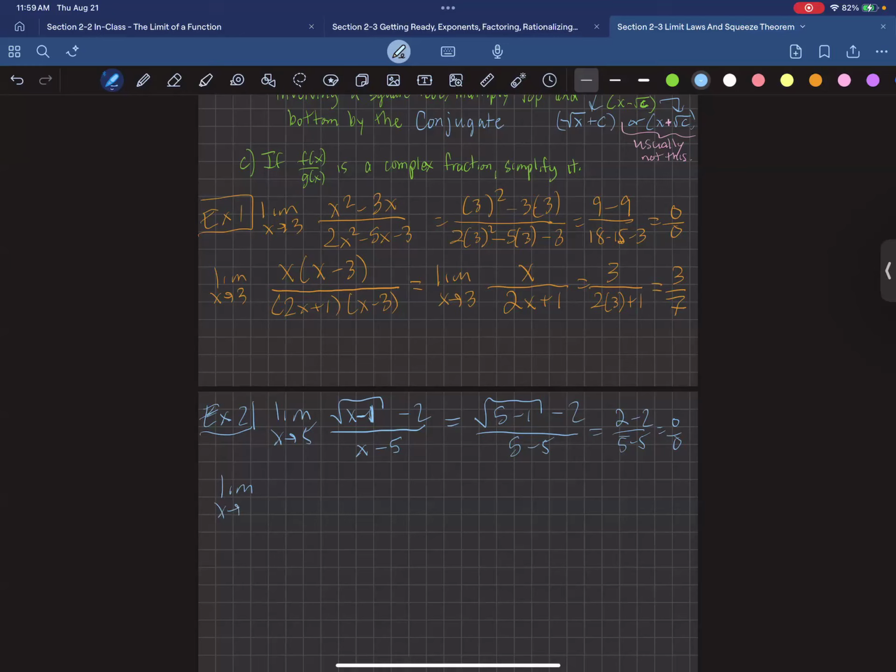So what we're going to do, I'm going to rewrite it. And I'm going to multiply the top and the bottom. I'm going to put these in parentheses. And I multiply this by square root of x minus 1 plus 2. And when I multiply the top by that, I have to multiply the bottom by that.